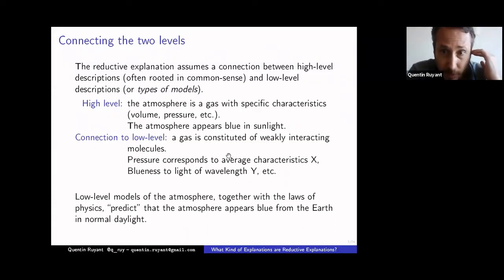Then, if we have this connection between low level and high level, we can explain, because the low-level models of the atmosphere, together with the laws of physics, predict that the atmosphere appears blue from the Earth in normal daylight.